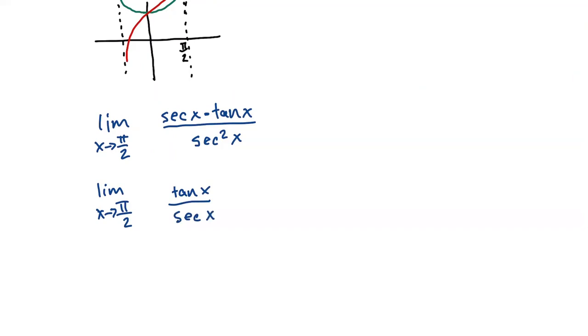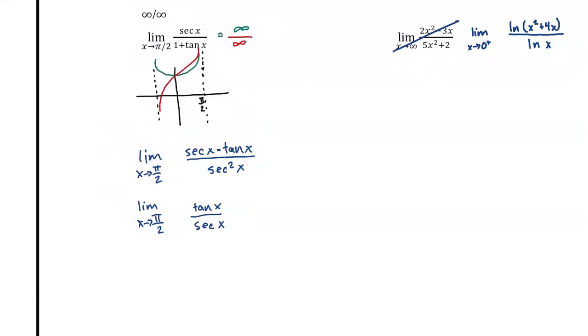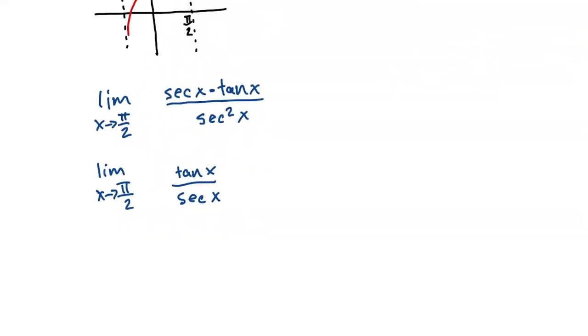And again, tangent and secant seem much nicer to deal with, namely because there's no constant here. So I'm going to just do one more algebra step, or really this is a trig step, I guess I should say, and rewrite tangent as sine of x over cosine of x.